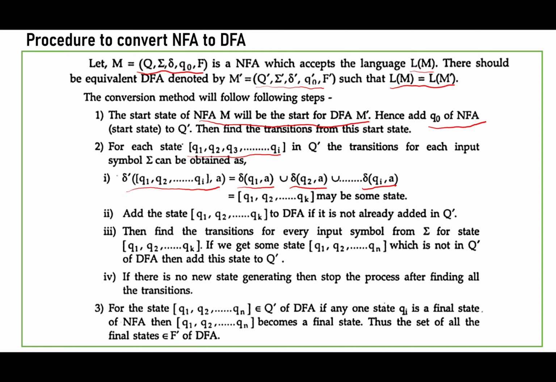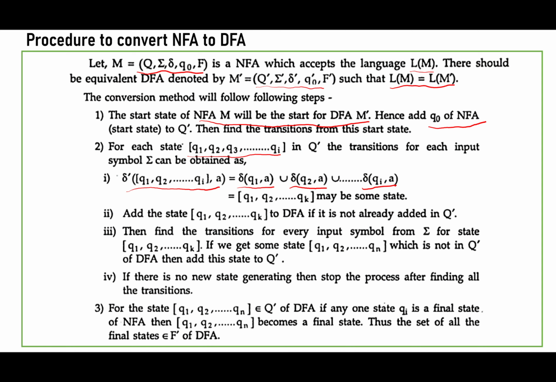Then we will get some states like Q1, Q2 up to Qk. We have to add the state Q1, Q2 up to Qk to the DFA if it is not already added in Q dash. If any new state occurs, again we have to find the transition for the input symbols.